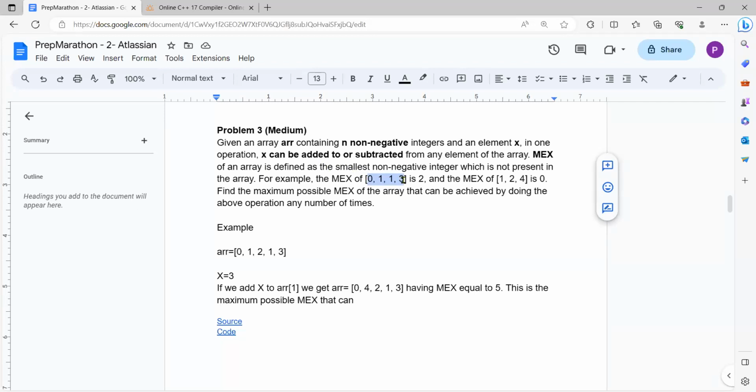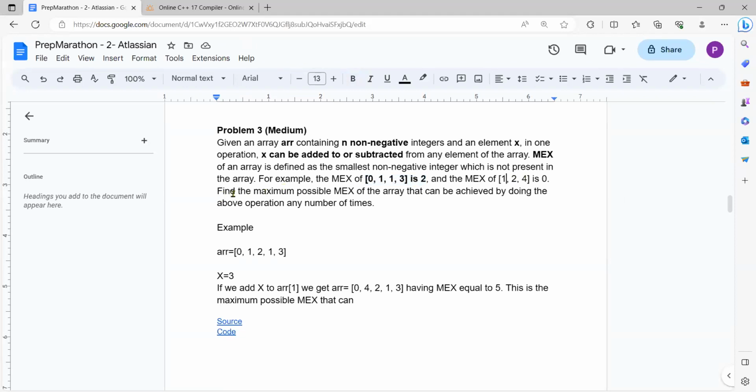You have to deal with non-negative numbers only, and the minimum number which is not included, the minimum excluded number, we call that MEX of that array. So MEX of this array is 2 because 2 is not present. Similarly, MEX of 1 to 4 is 0 because non-negative means 0 should be there.